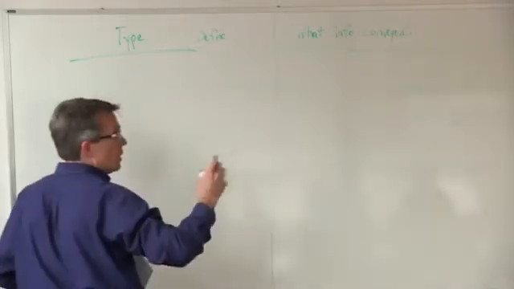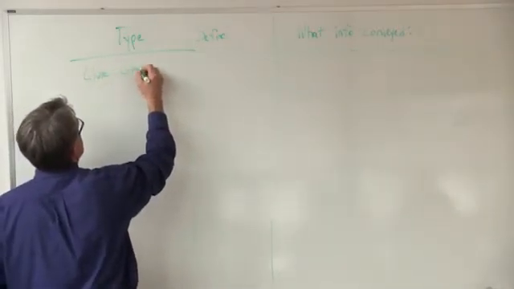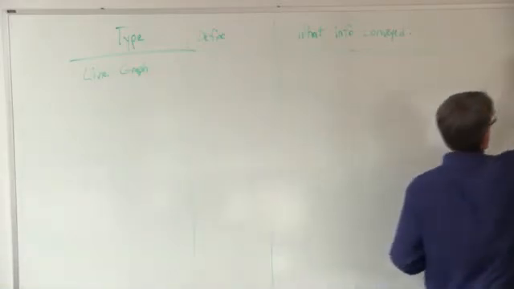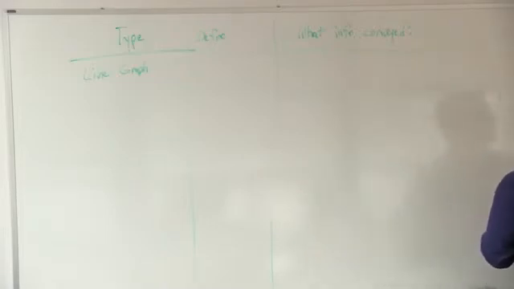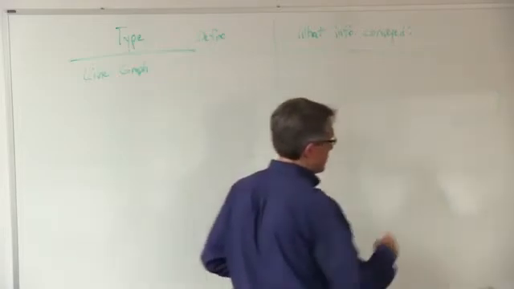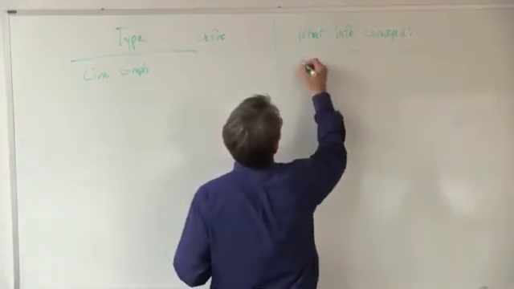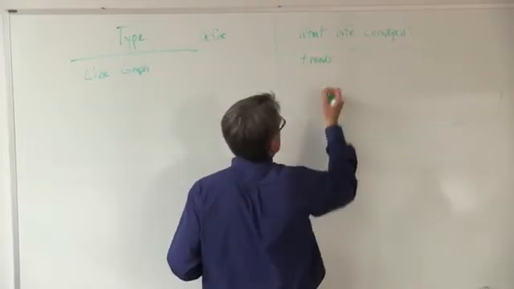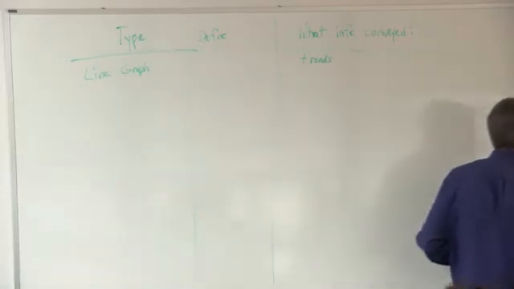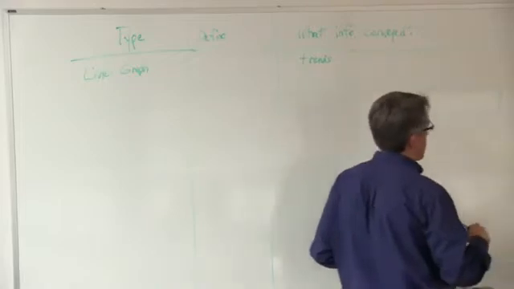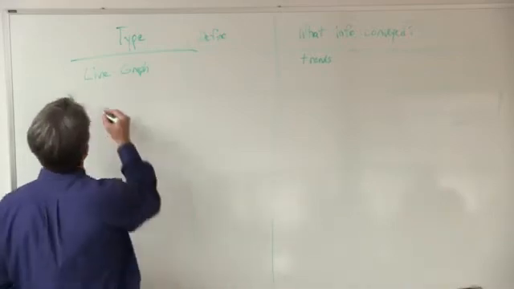So if we have a line graph, a line graph is usually something like this, where you have an x-axis and a y-axis, and some kind of line, a relationship between the x and the y-axis. So this shows trends. If you want to show a trend of something over time, for example, or length, then a line graph is appropriate.